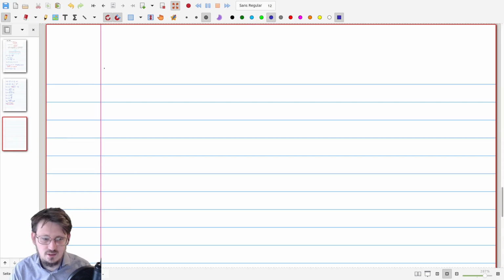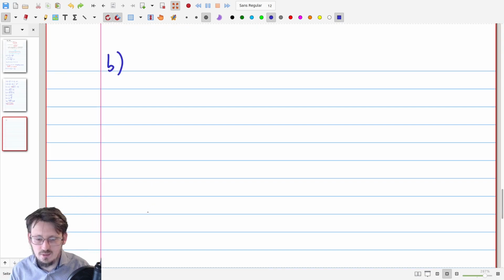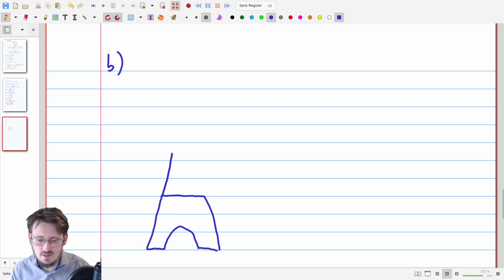So this is actually part B. So what I can do is try to draw the Eiffel Tower as well as possible. So this is the base. And then we have here another segment with a platform.